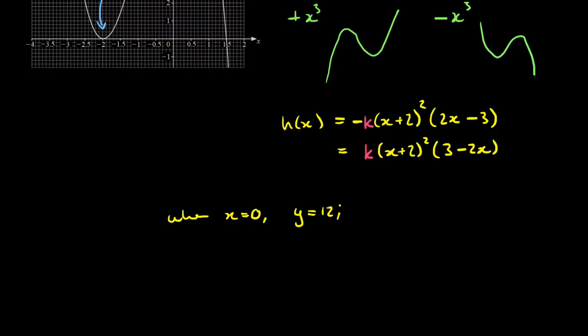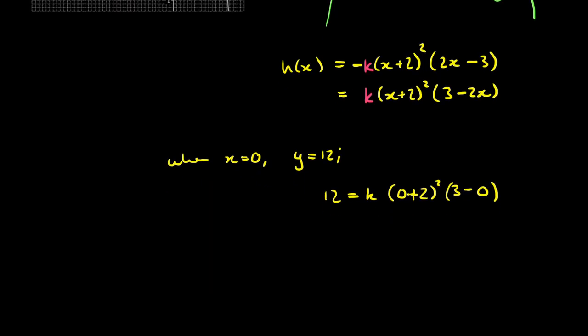So I'm just going to put that in. We're going to get 12 is equal to k, bracket 0 plus 2 squared, bracket 3 minus 0. And so 2 squared is 4, times by 3 is 12. We're going to get 12 is equal to 12k, which means that k is equal to 1.